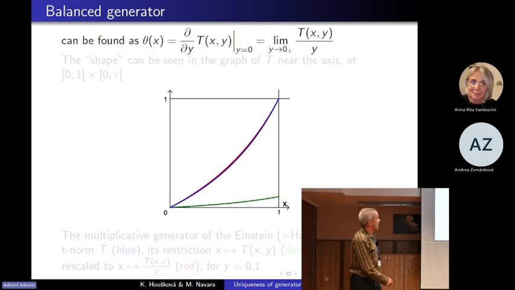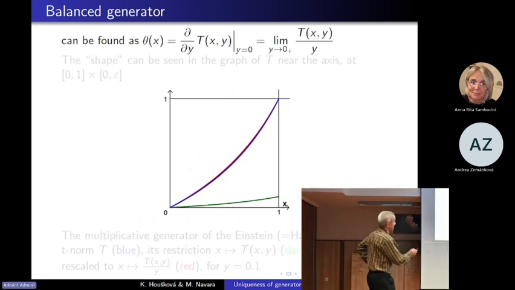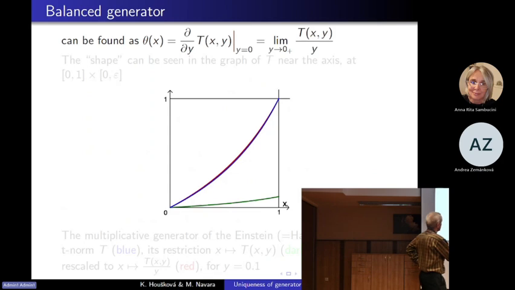And the balanced generator can very often be found at the limit of this expression, which means look at the T norm, which values it achieves for a small argument, taking a small constant.